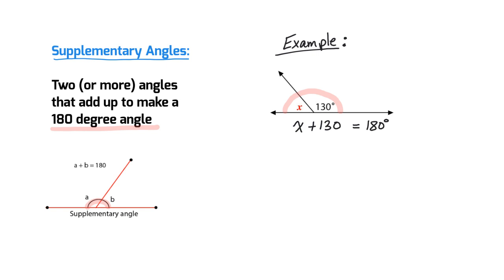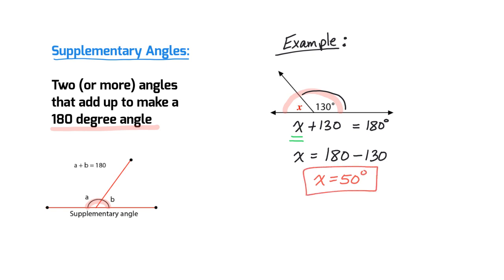Again, to find my x by itself, I need to know what part of 180 is left over if you take away 130. So, to find my x, I take my total, 180 degrees, and I subtract 130. I want to take away this piece and see what is left over. This gives me the result that x is 50 degrees.